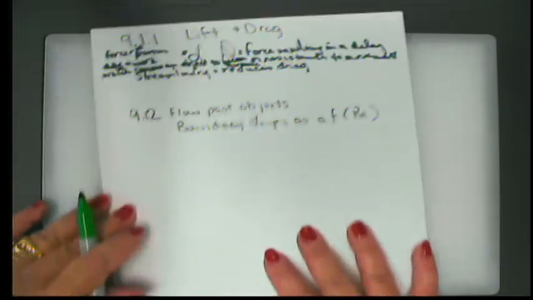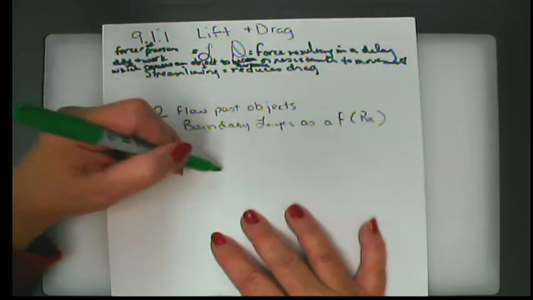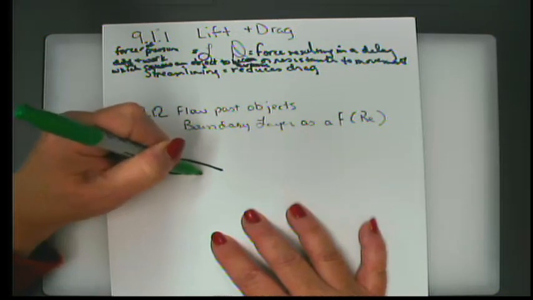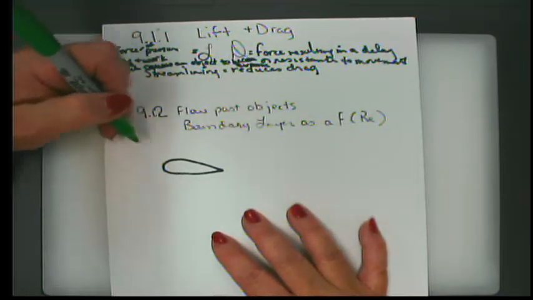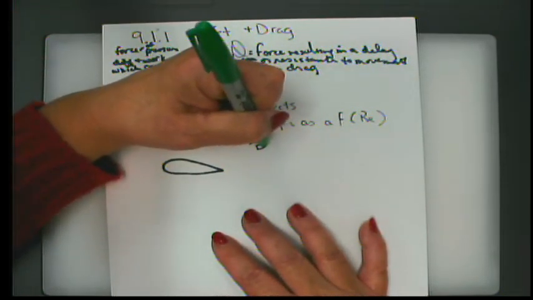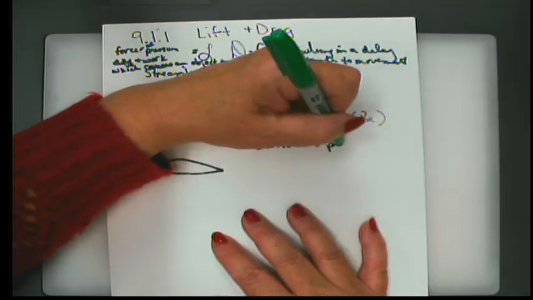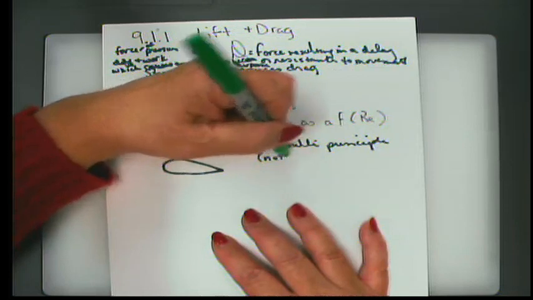All right. So if we take a look at a typical airplane wing, for example, airplane wings tend to have a shape that looks something like this. And they are often explained using the Bernoulli principle, but this is workable but not complete.